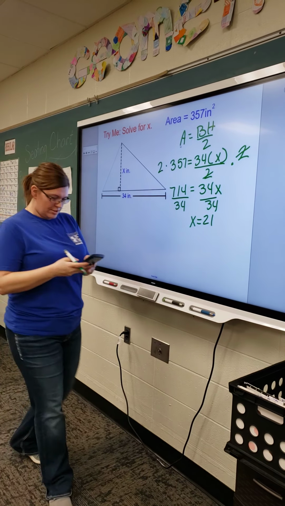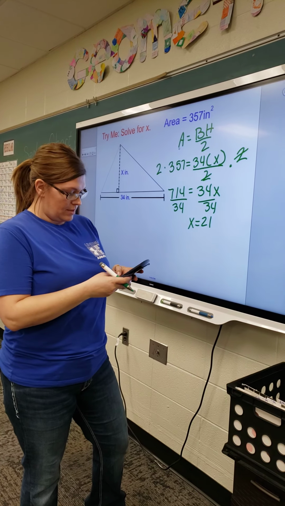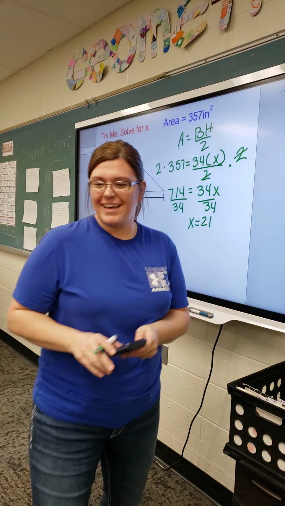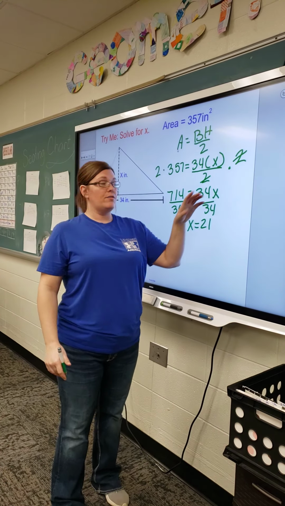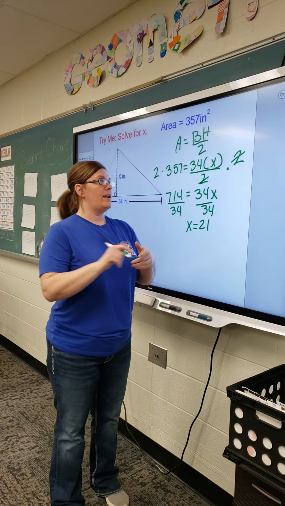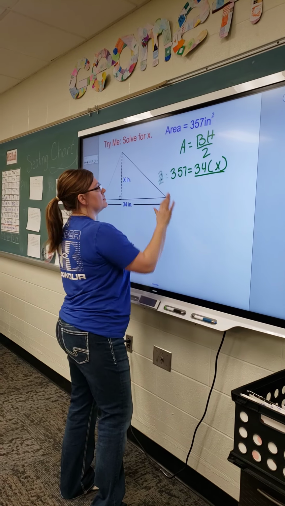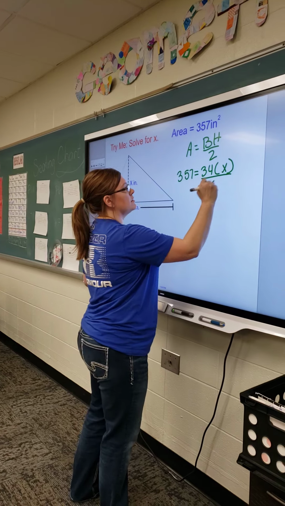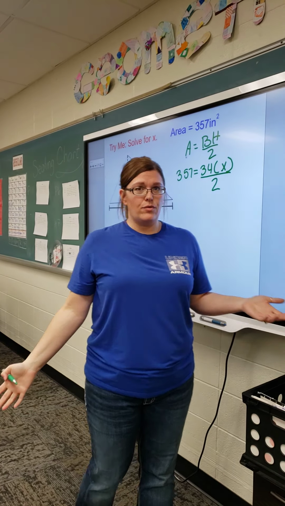I'm checking that just so you can't all call me out on it. 21, how about that? Now, if you don't want to kick your 2 out, if you like this way, ignore me right now. I'm going to show you what happens if you don't want to kick that 2 out. If you're going to leave it as a fraction, then you have to divide 34 by 2.